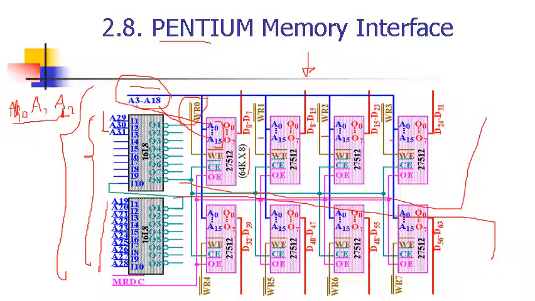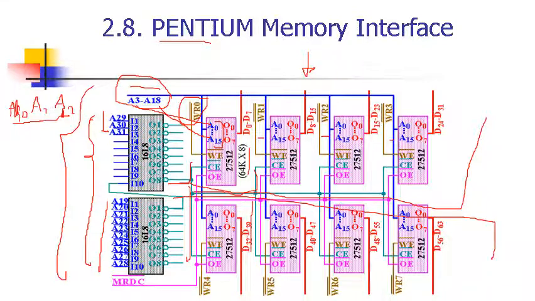For example, this low signal is taken to feed the chip select inputs of your banks. So all banks are selected. All right, good.